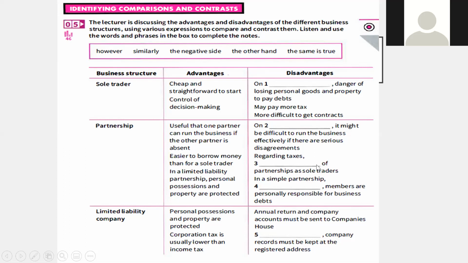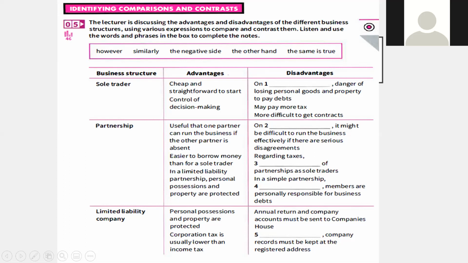You will have to listen to them, and they are not parts of sentences like 'however' or 'similarly', the negative side, on the other hand, the same is true. They are more of the information, like the name of something or some date, as you might have seen in the tests. So you have 30 seconds to read through these and see what information is there, and then I'll play the listening.